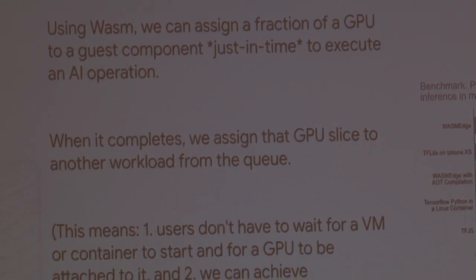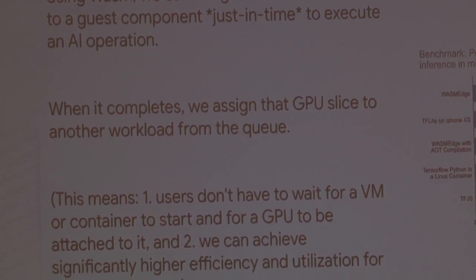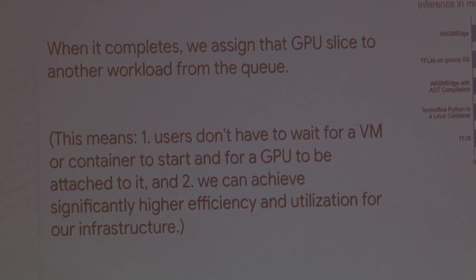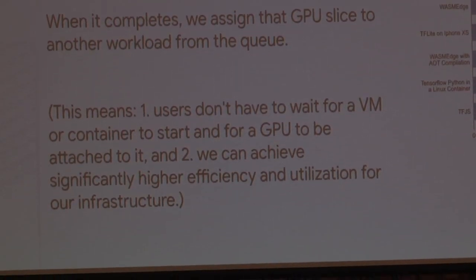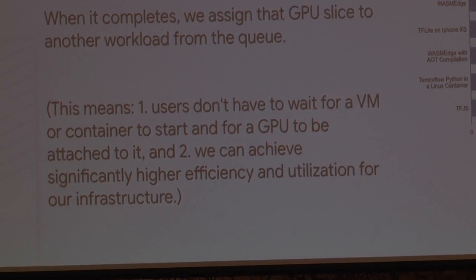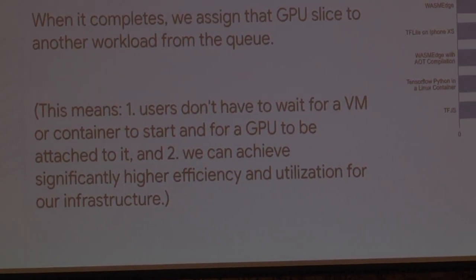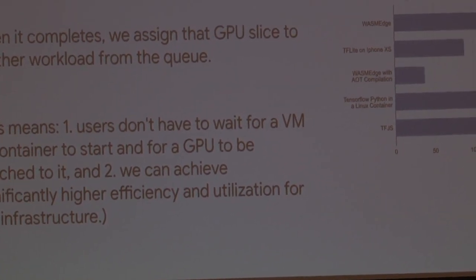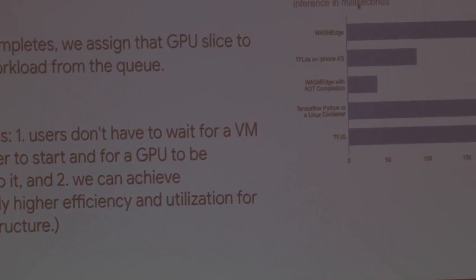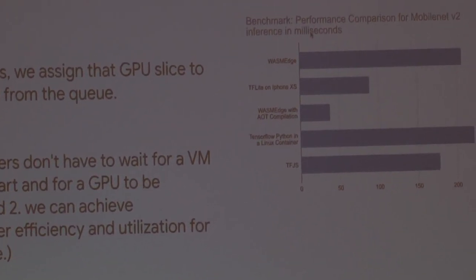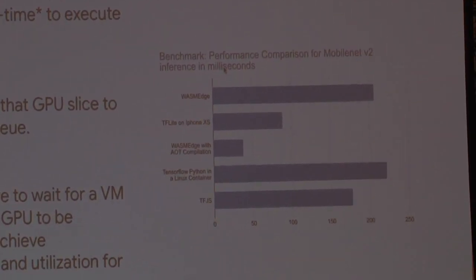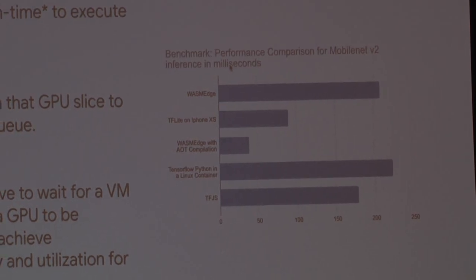So the limitation we are set with is that you're not utilizing your system resources effectively, right? What if with WebAssembly, because it only takes a few milliseconds, you can take a fraction of your GPU, do the inferencing using that GPU, and then your GPU becomes free and can be used for the next request?